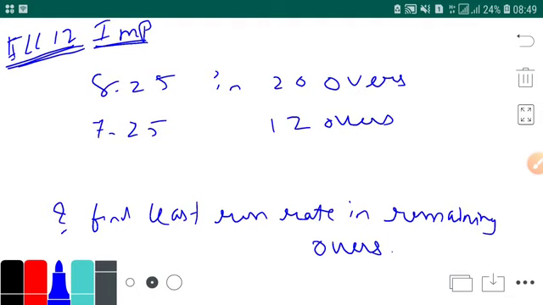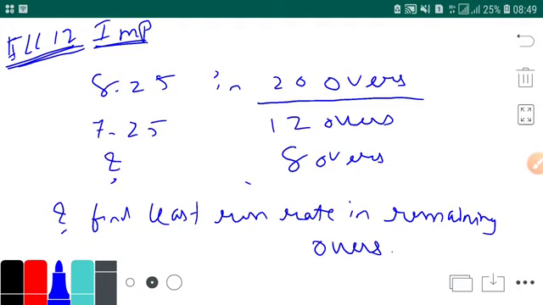There are a total of 20 overs, in which 12 overs have already been bowled. 8 overs are remaining, and you have to find the run rate in these 8 overs. So this is the question.